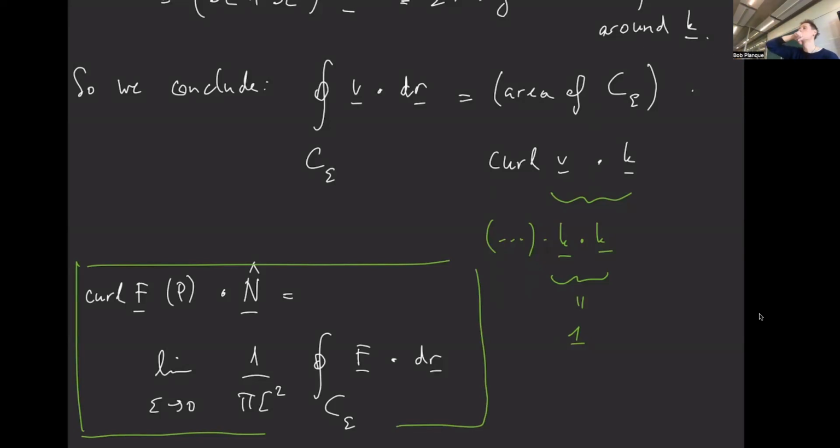Yes. So the thing that revolves should replace the curl of p times k, or not? I've actually done exactly the same. So yeah, this unit normal is the k direction.